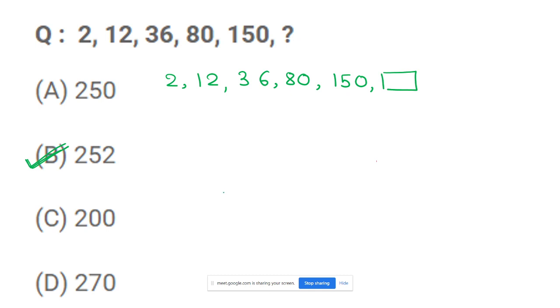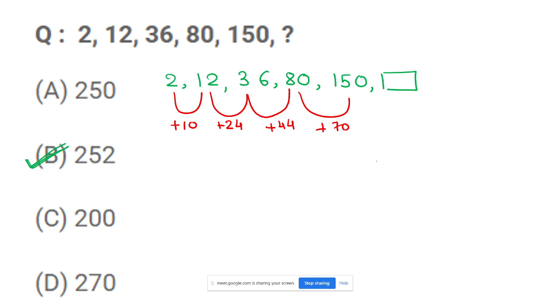Whenever you are stuck and not able to get any pattern, think about the easiest possible way that I did, that two-level pattern. What I see is the first difference is plus 10, the second is plus 24, the next is plus 44, the next is plus 70.